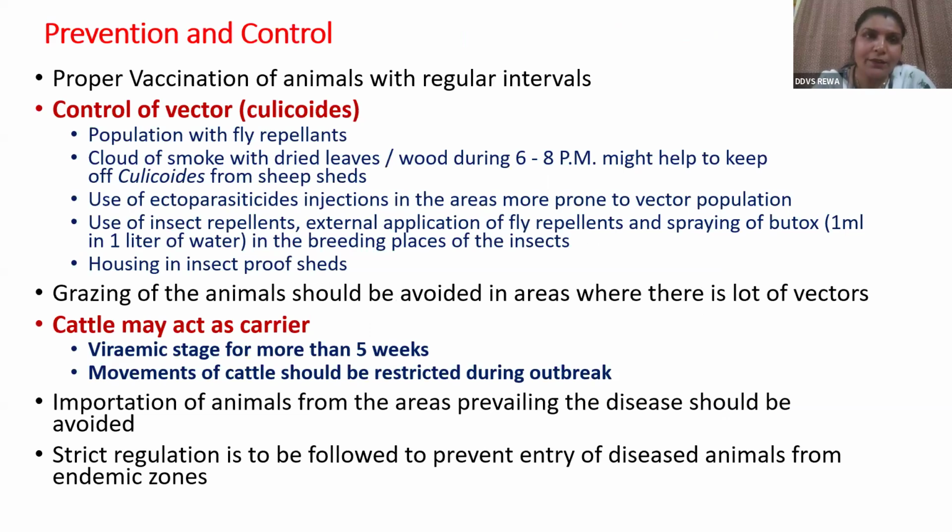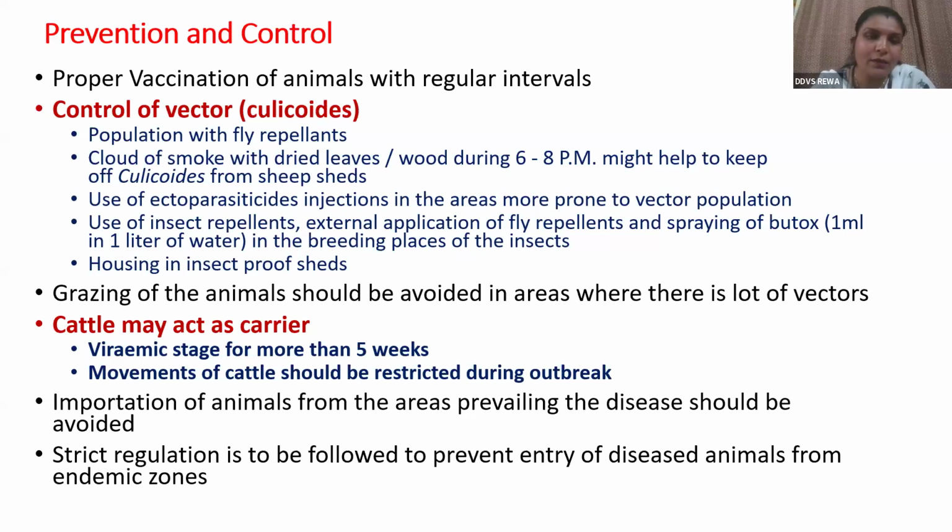For prevention and control, the most important point is the control of the vector by various means. There are a number of ways which can help us control the vector, and we can also avoid grazing our animals in areas where there are a lot of vectors. Another important point is that cattle may act as carriers, with the viremic stage lasting more than 5 weeks.